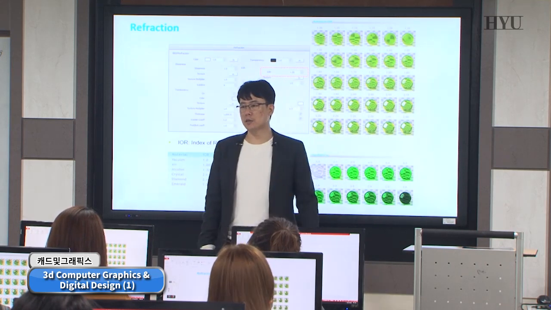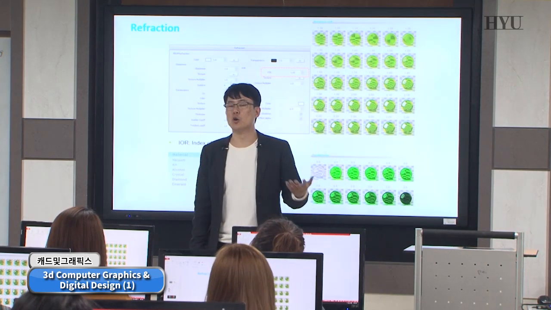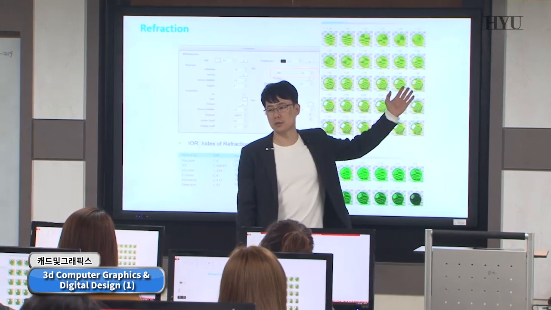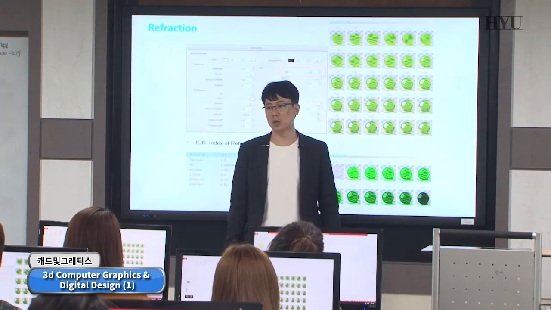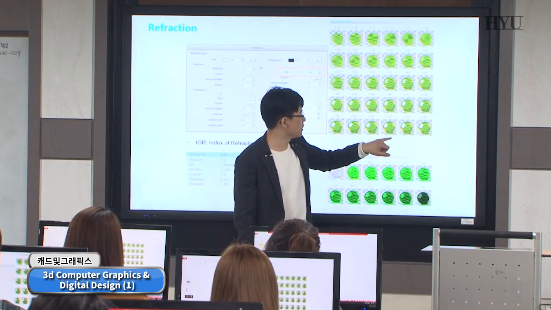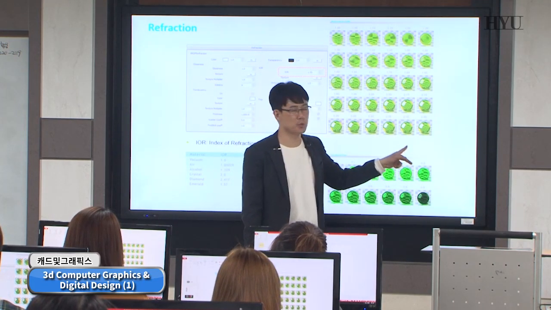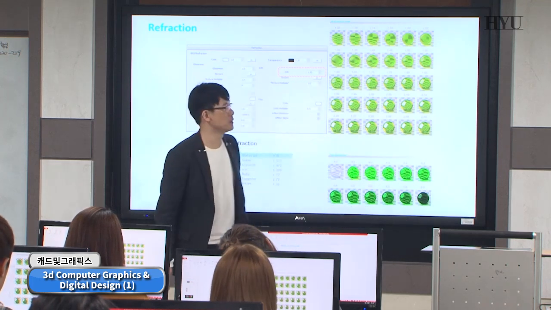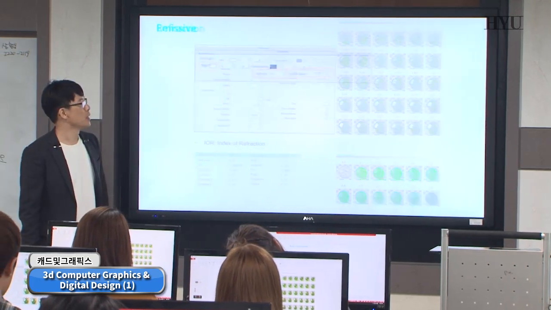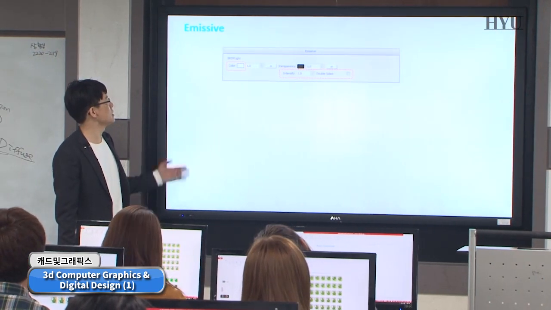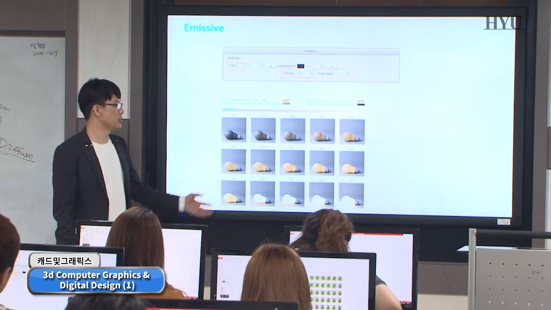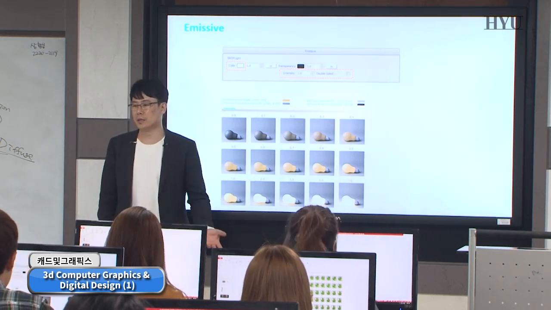So when you see a cubicle or object looking like this one, you can figure out this is glass because its IOR looks like this. But if you have diamond, it is supposed to be visualized like this. That's the difference between IOR. Even more is here: emissive, self-illumination. This is something about illumination, not lighting.